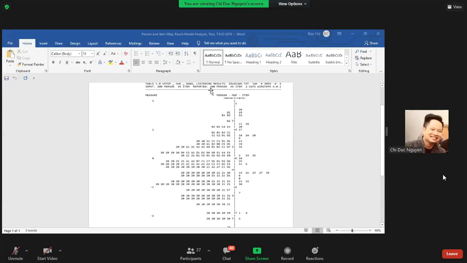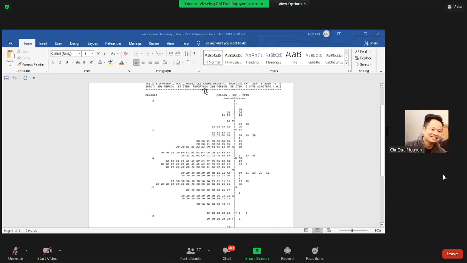And here is the Rasch model outcome from the Rasch model analysis. In this model, you can see the person and item map. Here on the right-hand side are the items. In this listening test, you have 35 items altogether, numbered 1, 2, and on up to number 35.